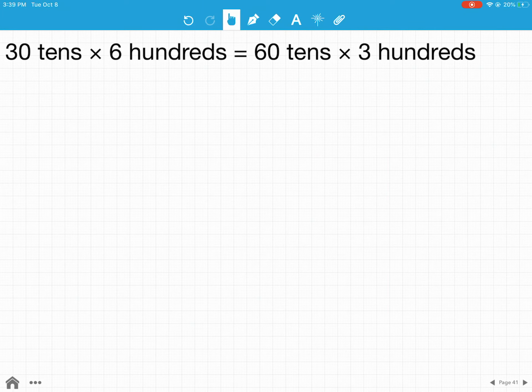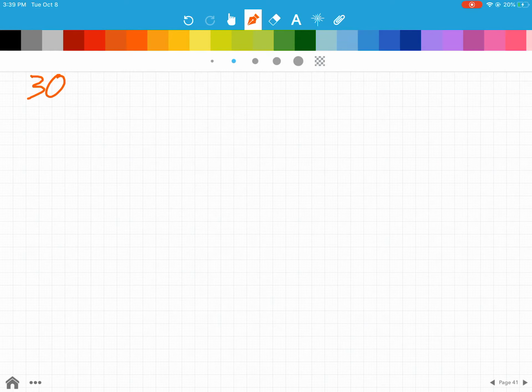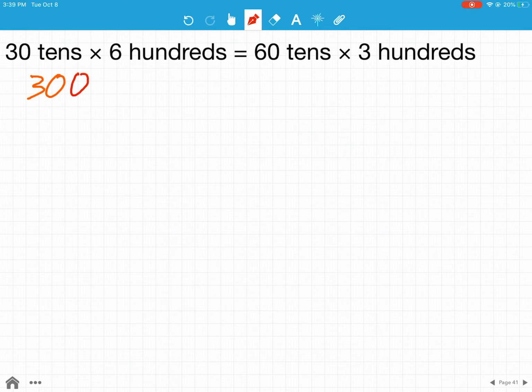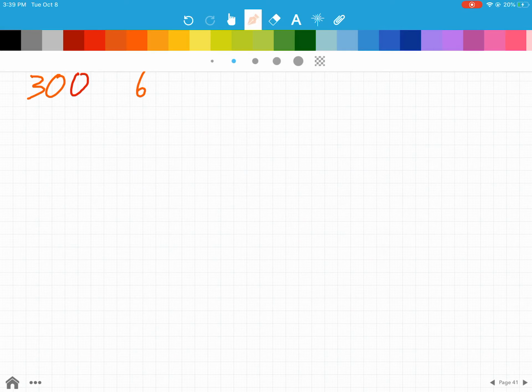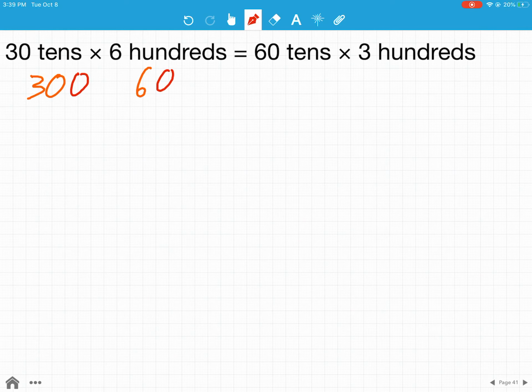All right, so here we have 30 tens. I'm going to write 30, and I'm going to put an extra 0. Then I'm going to write 6 with 2 zeros. Oh wait, let's do it this way. We have 30 times 10 times 6 times 100.